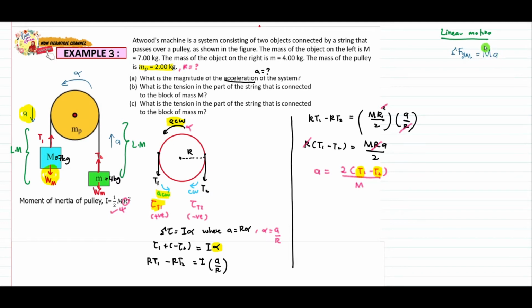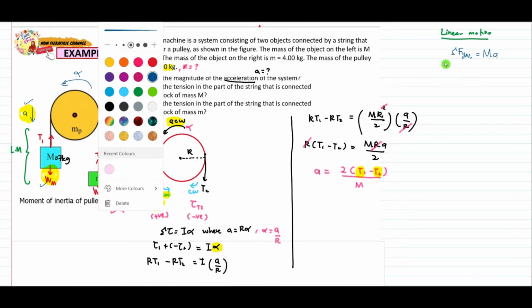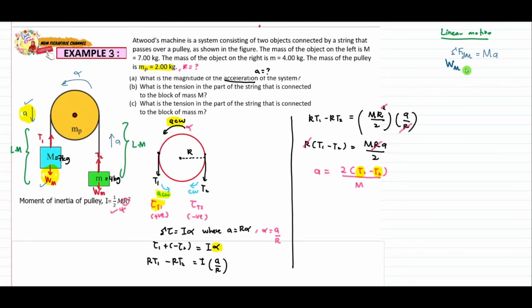Okay, so T1 minus Wm or Wm minus T1? Since they are the same direction, Wm minus T1 is equal to MA. Therefore, T1 is equal to Mg minus MA.